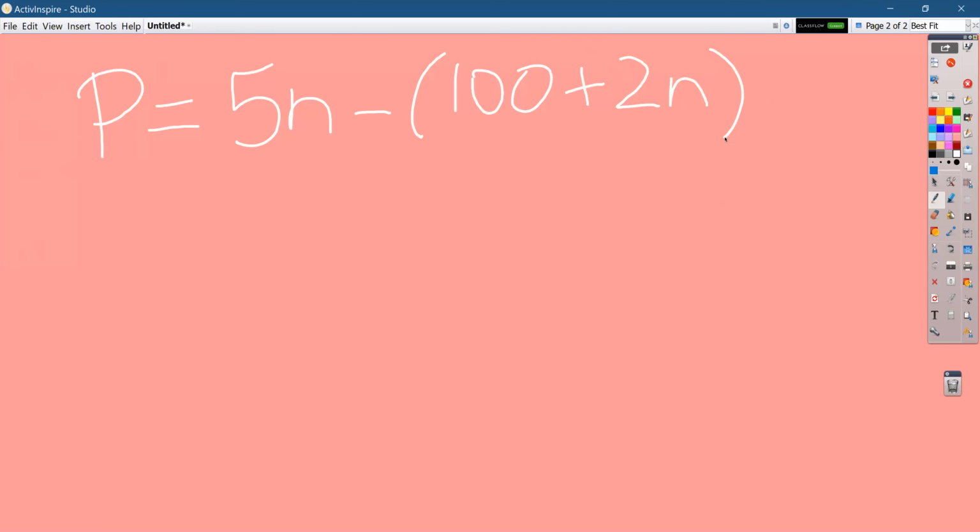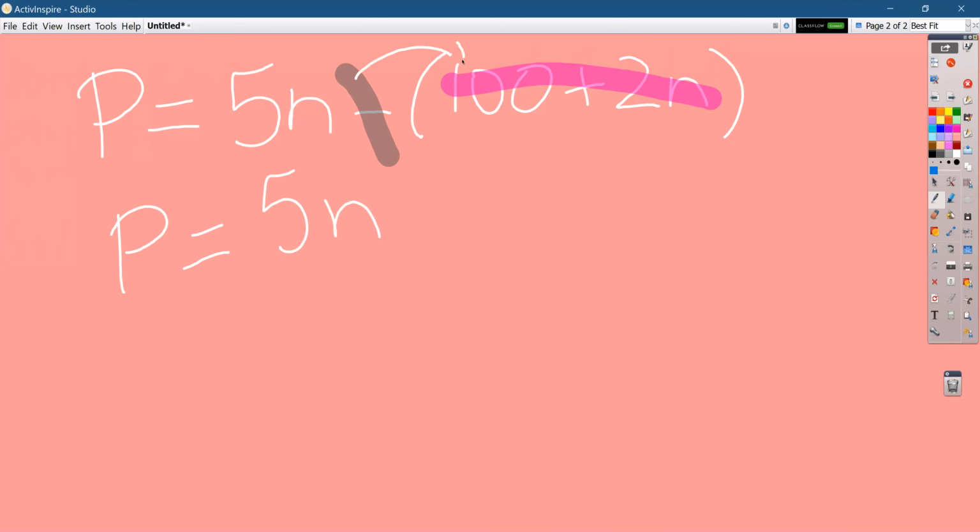So when we keep in mind that we have this here and we have all of this inside, then we know that we end up with profit is equal to 5N minus 100 minus 2N.